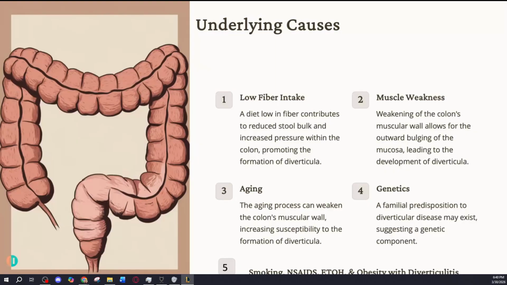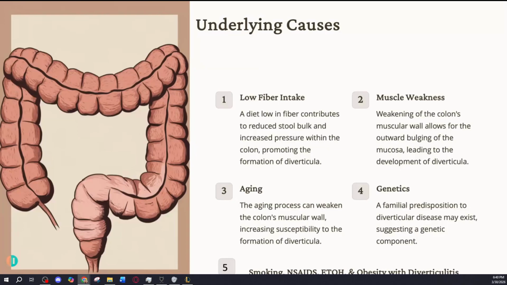So diverticulitis occurs when one or more of these diverticula become inflamed or infected. That's often triggered by a blockage, possibly with fecal matter, and that leads to bacterial overgrowth and inflammation.